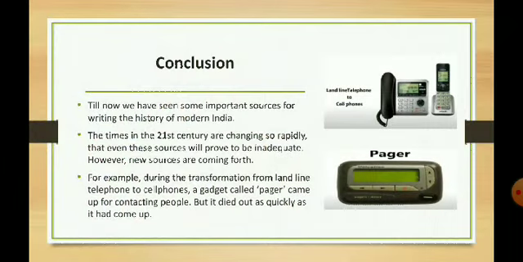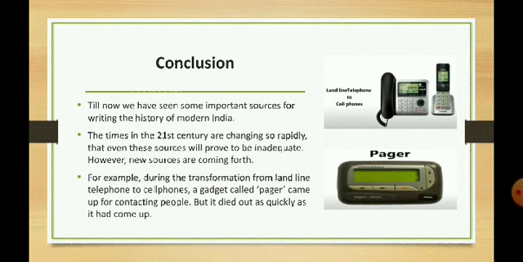Students, till now we have seen some important sources for writing the history of modern India. The times in the 21st century are changing so rapidly that even these sources will prove to be inadequate. However, new sources are coming forth.